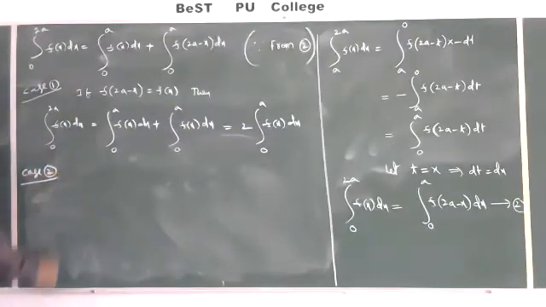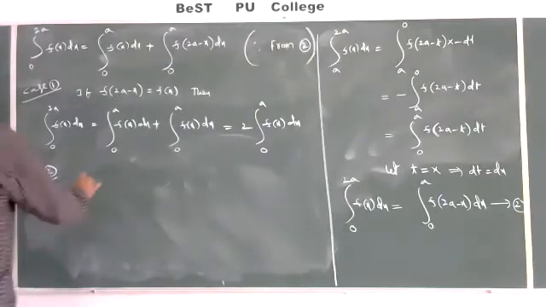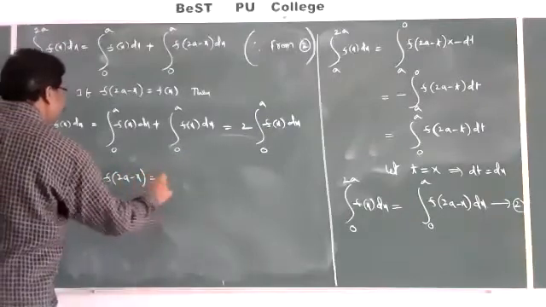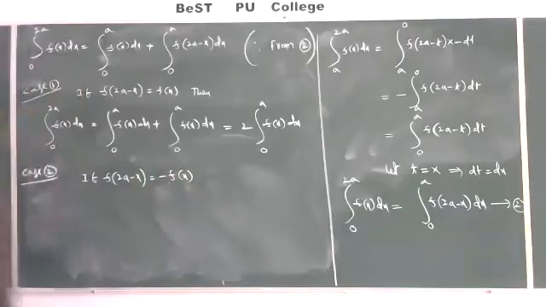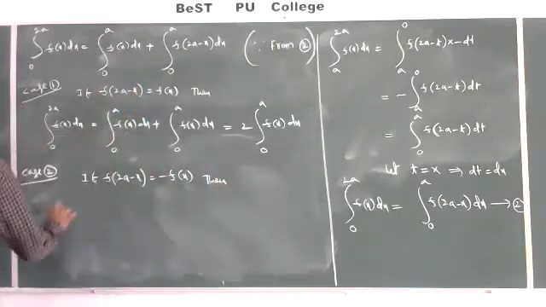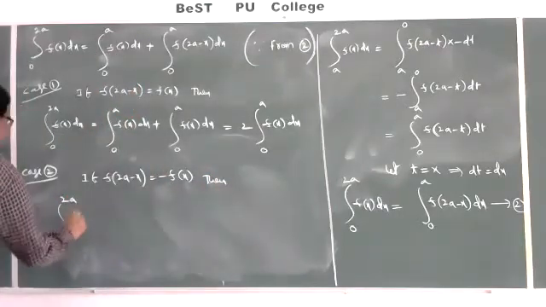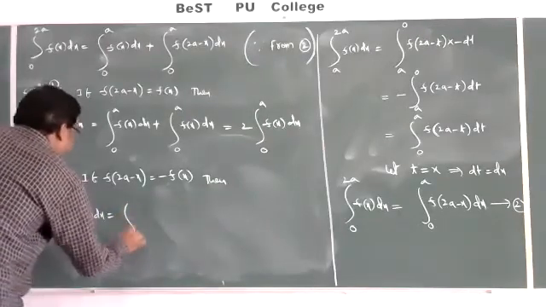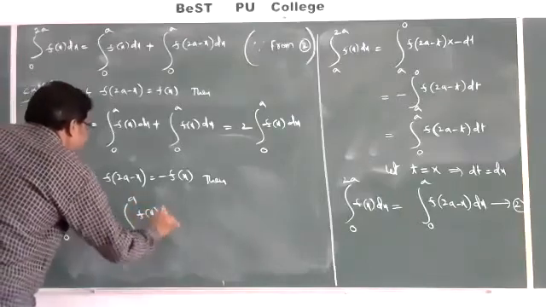Case 2: if f of 2a minus x is equal to minus f of x, then integral 0 to 2a f of x dx is equal to integral 0 to a f of x dx.